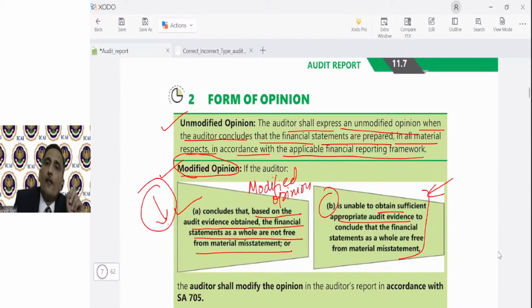One, he obtains sufficient appropriate audit evidence to conclude that financial statements contain material misstatements. Then he has to give a modified opinion. Second, he is unable to obtain sufficient appropriate evidence to conclude that financial statements as a whole are free from material misstatements. Then in this case also he has to give a modified opinion.